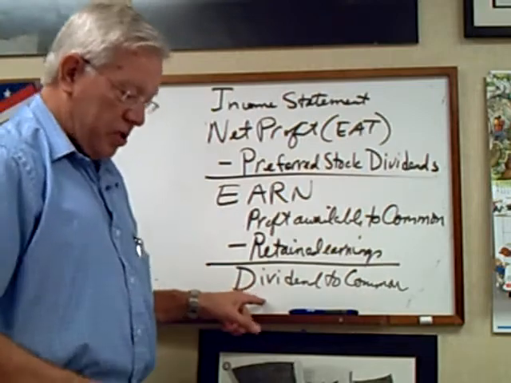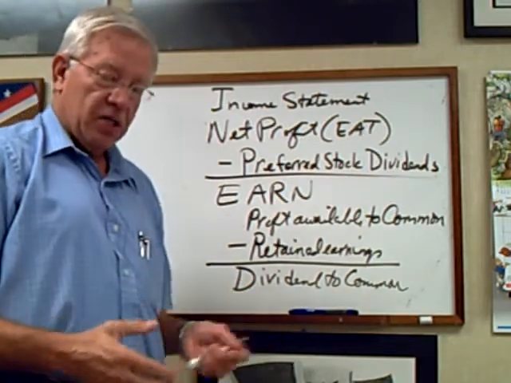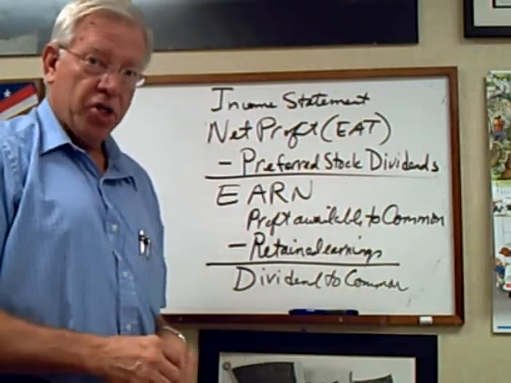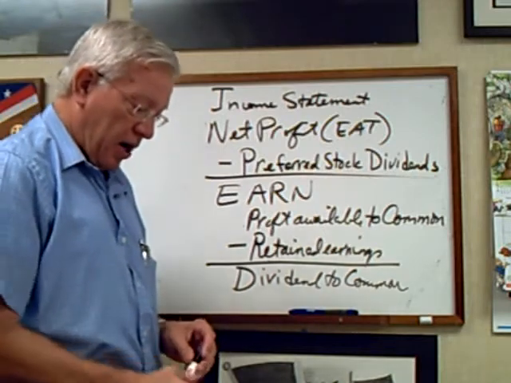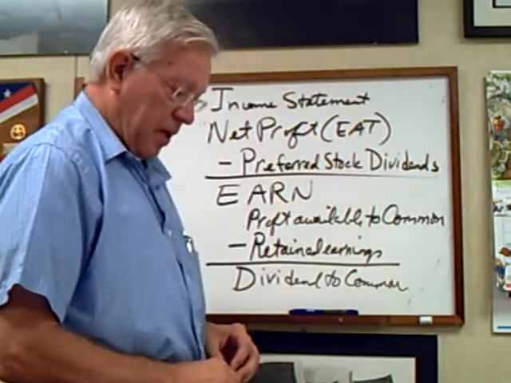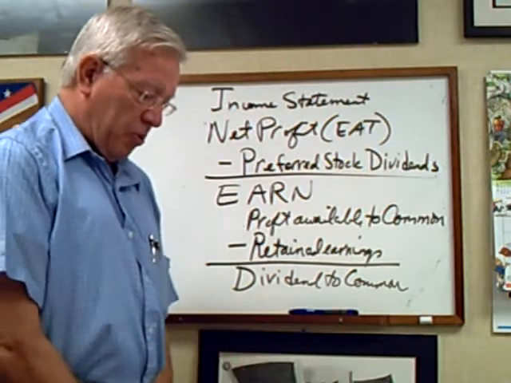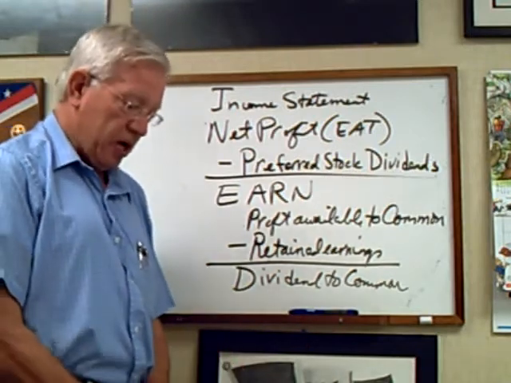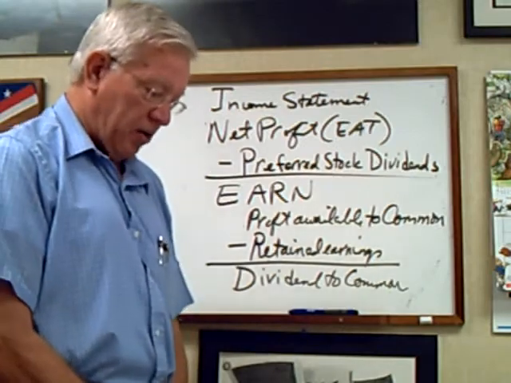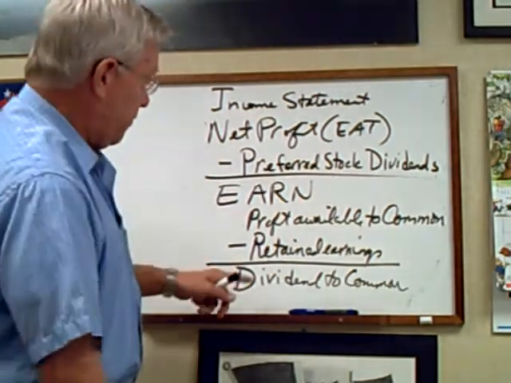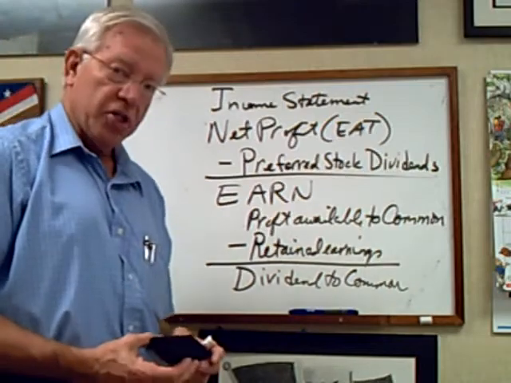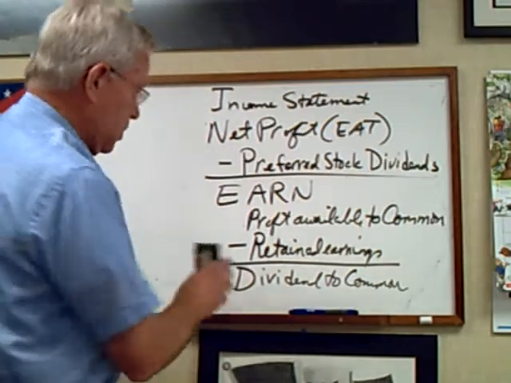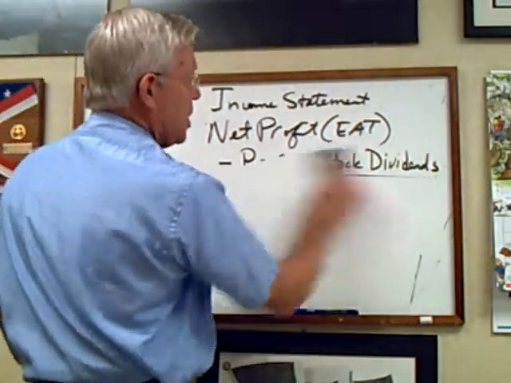That dividend, of course, as shown in your PowerPoint, is distributed on a per share basis. So we take our dividends to common, we divide that by the total number of shares. And total number of shares is also called shares outstanding. From this, we also get the price to earnings ratio, which is one of those key measures.